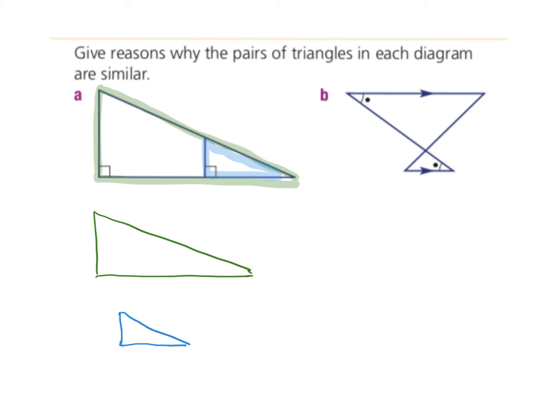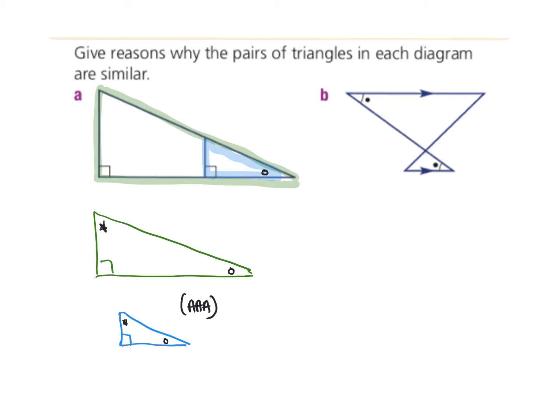They've both got 90 degrees, and if I put a circle, they both have that angle too. If two angles are the same, the final one must be the same, because you do 180 minus the other two. So these two triangles are similar because of angle, angle, angle. Can you see that?